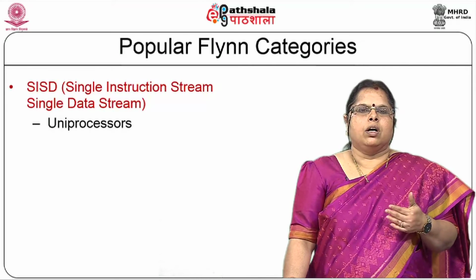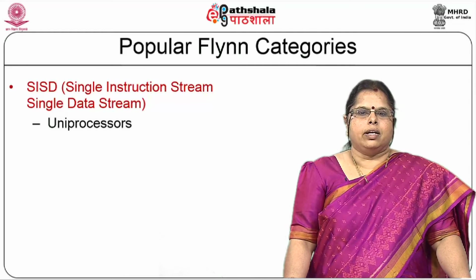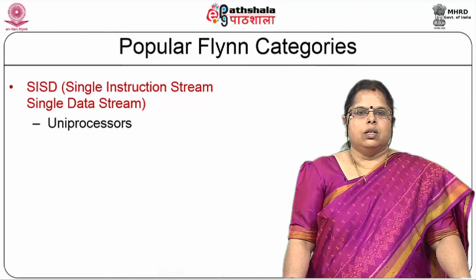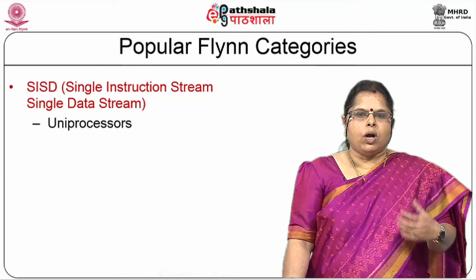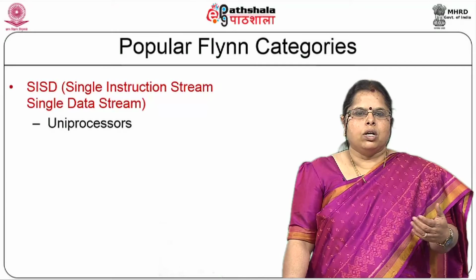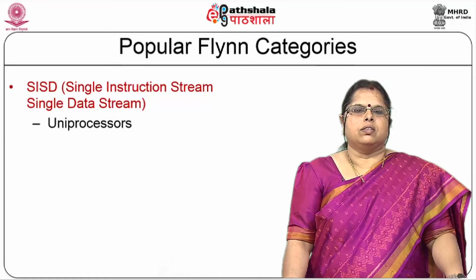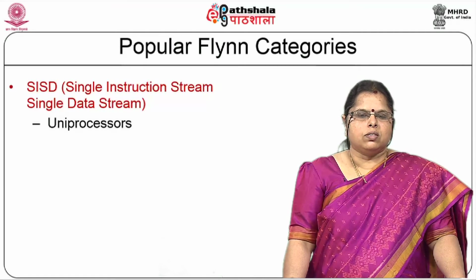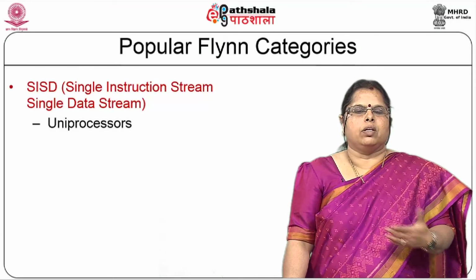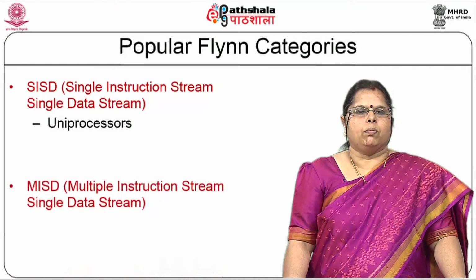The first classification is single instruction stream, single data stream, SISD, which we refer to as a uniprocessor. There is only one instruction stream, one control unit and one data memory, and this is a traditional uniprocessor. In a traditional uniprocessor itself, you can try to overlap the execution of different instructions and increase your throughput by going in for pipelining.